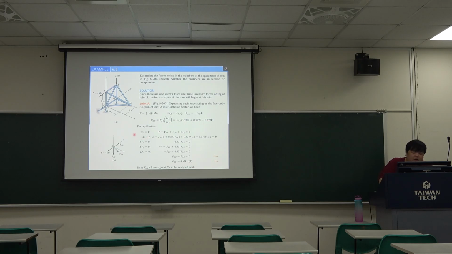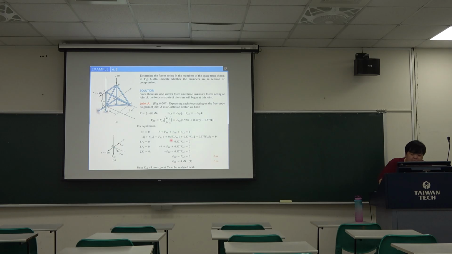So when we do the summation of F, we just sum these four forces combined together, equal to 0. We can combine the i part, the j part and the k part. When we do the summation Fx equal to 0, it means the i part is equal to 0.